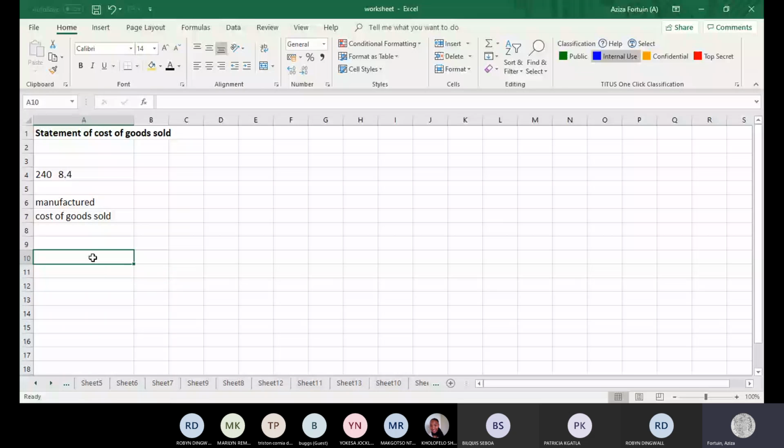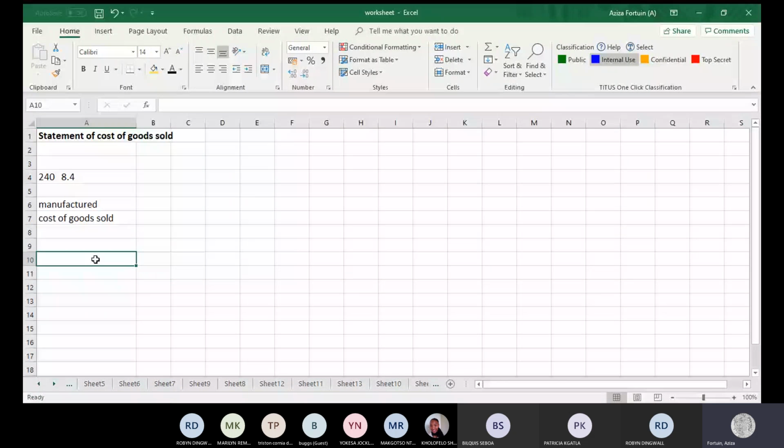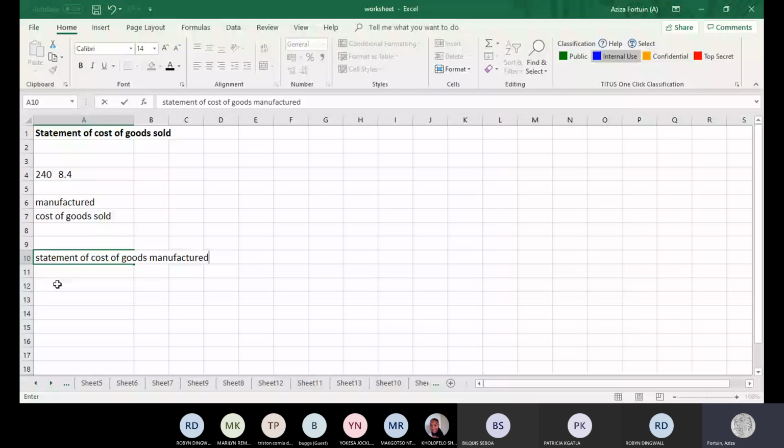So let's complete the cost of goods manufactured. Okay, let's begin. And just stop me if I'm going too fast. So let's begin with our direct materials.